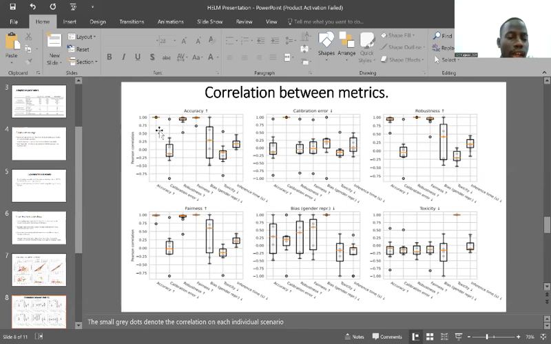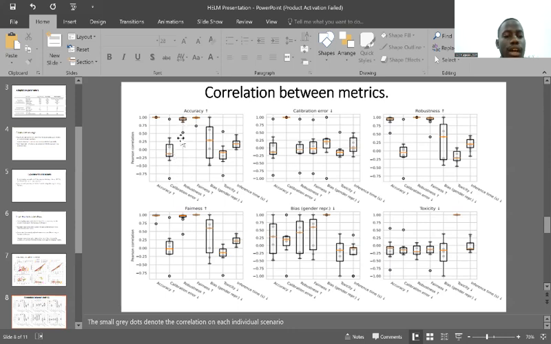Accuracy with accuracy is at 1, which is the highest, almost 100. And then we have correlation of calibration error and accuracy being very low and actually in the negative direction, whereby accuracy and calibration do not correlate well. Then accuracy and robustness have a very high positive correlation.